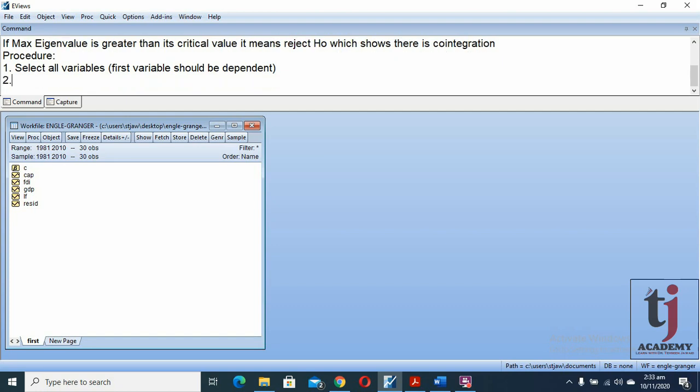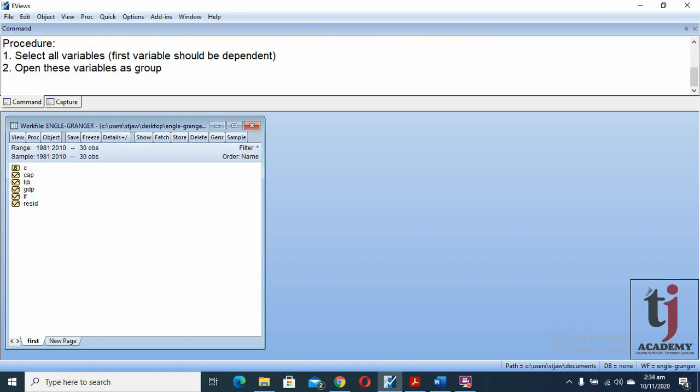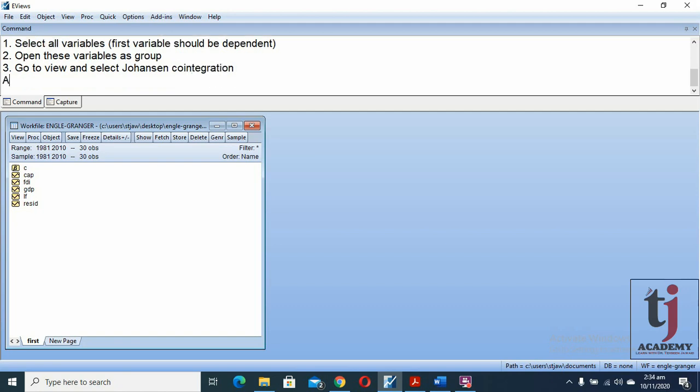Step number 2, open these variables as group. Number 3, go to view and select Johansen Cointegration.